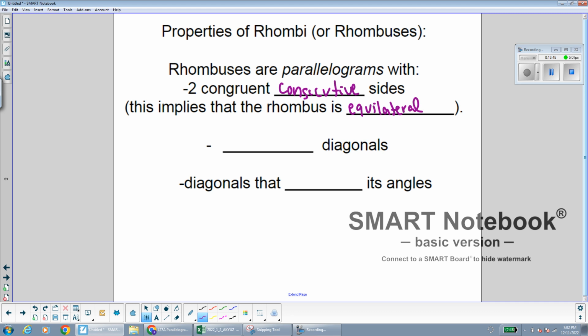A rhombus has perpendicular diagonals, diagonals that meet to form right angles. It also has diagonals that bisect its angles. Each of the four corner angles is bisected by the diagonals.